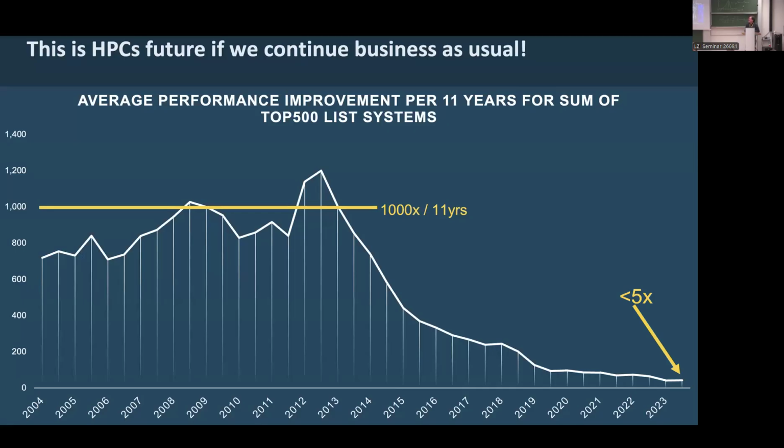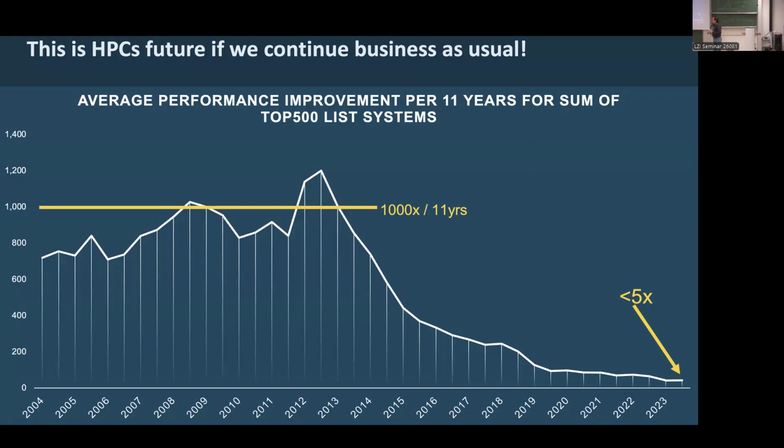Now let's look at this from the other side. The data centers are making $5 to $7 for every dollar they invest. We don't have that luxury in HPC. We have a fixed budget. And if you look at this chart, we sum up everything on the top 500 list.